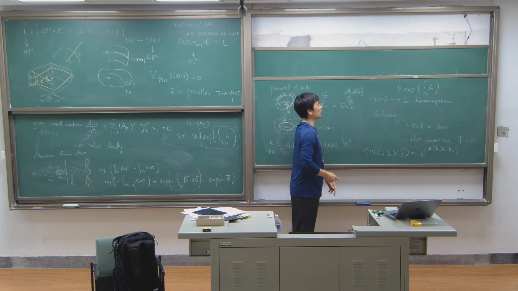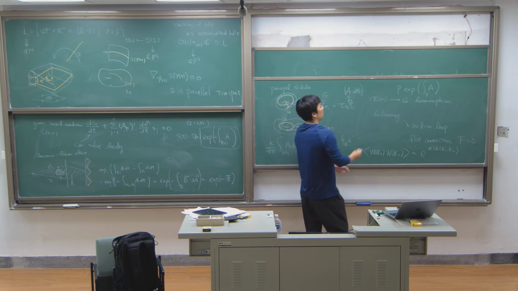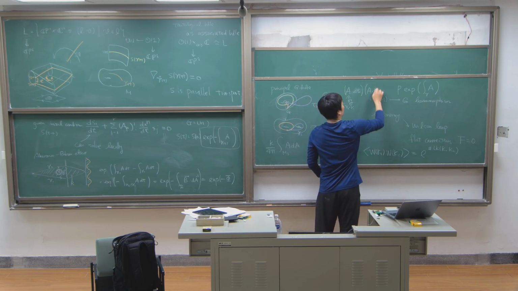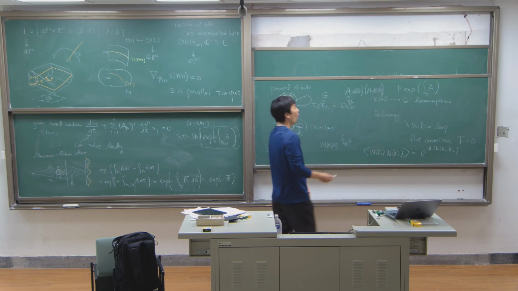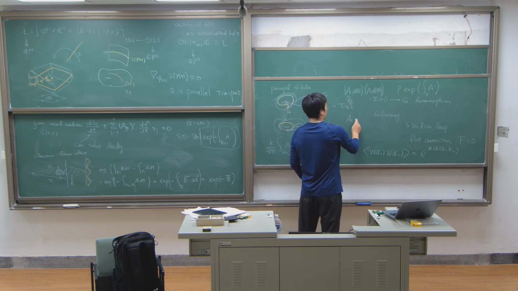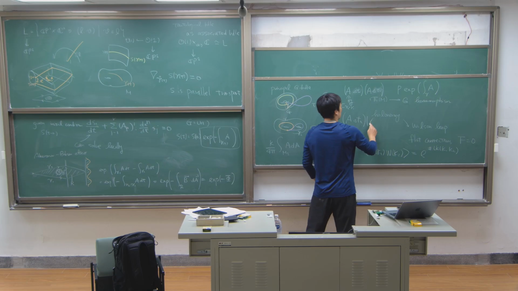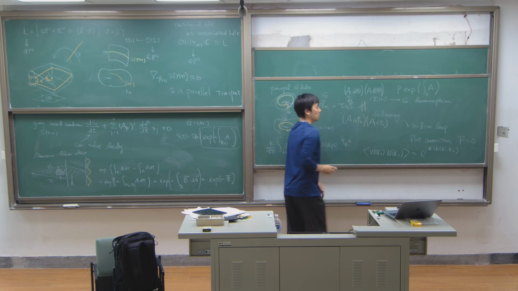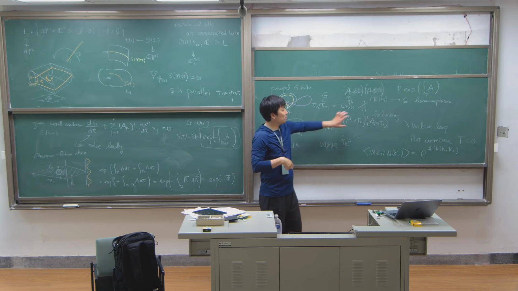So if you multiply A dt2 and A dt1 in the other order, this is no longer equal, because it's matrix valued.